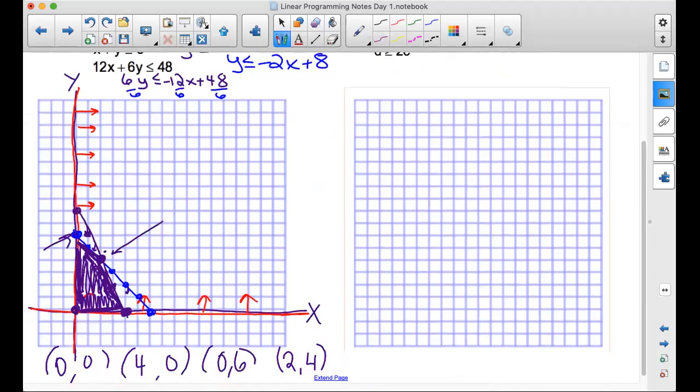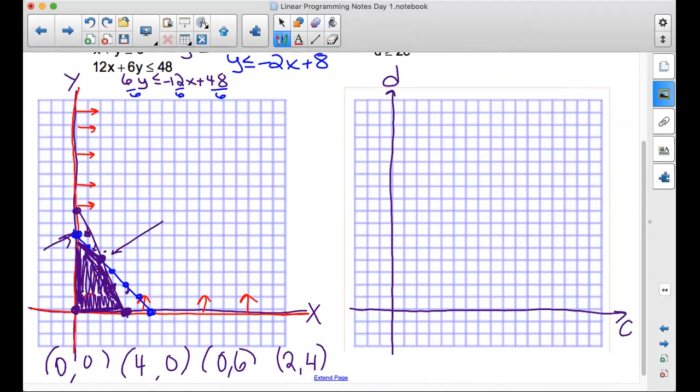So again, I'm going to go and make my line. I'm going to just do the same thing I did before. All right, and I'm going to call this my C and my D instead of X and Y. So she said your X values have to be between 1 and 4. Okay, so think x. I need to go over to where x is 1. Right here it's 1. And then over to 4. Right here it's 4.